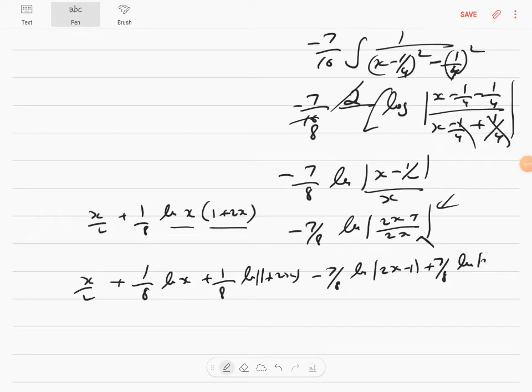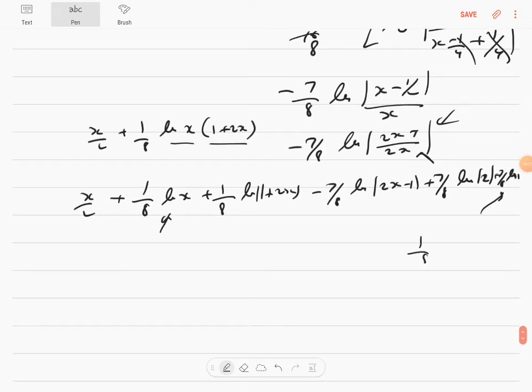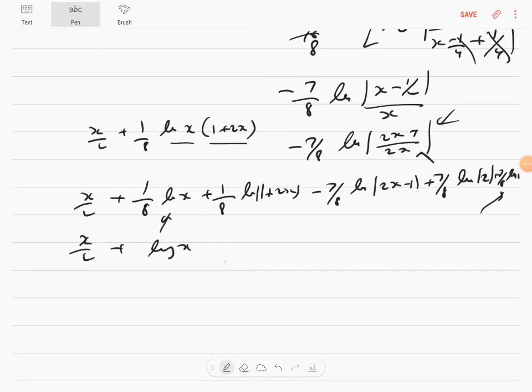In fact, it's log 2x, which is log 2 plus log x, plus 7 by 8 into log x or something like that. Yeah. So this 1 by 8 log x and a 7 by 8 log x will just turn out to be a 1 log x. Yeah. So it's just x by 2 plus a simple log x.